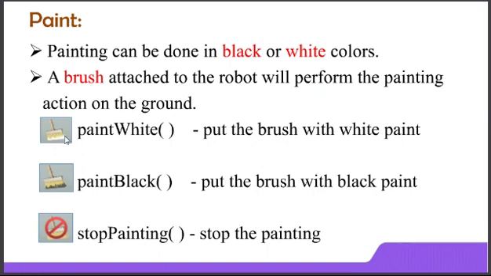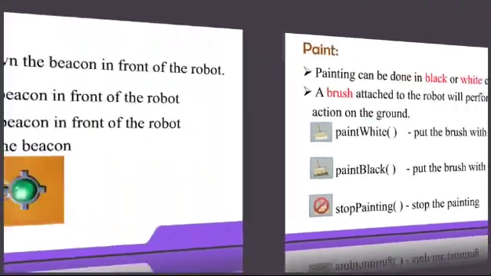That means paint white: put the brush with white paint in the RoboMind screen. This is black: paint black, open and close bracket, you should put. Put the brush with black paint. To stop painting, we should click this one. Stop painting.